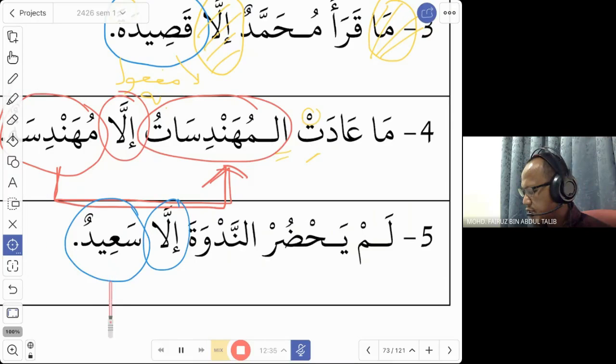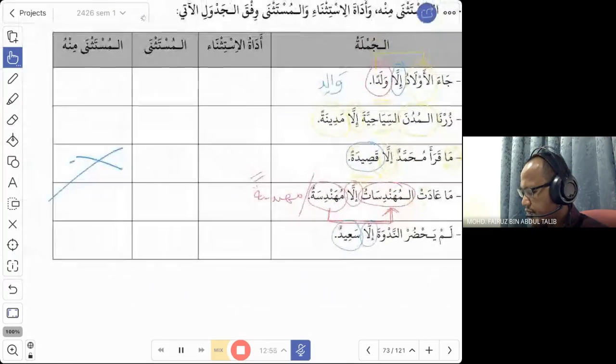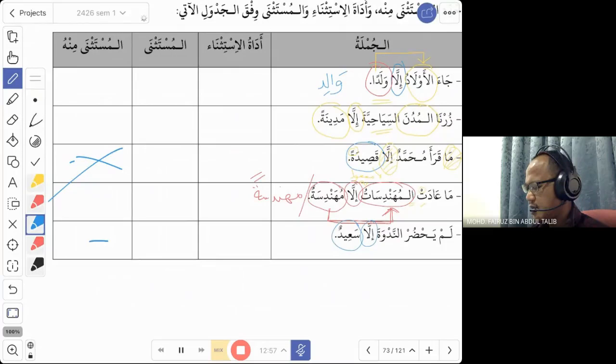Said, you want to exclude Said from... Yes, there is nobody here. You can exclude Said from Nadwa, because Nadwa is something else. Right? Symposium. Said is the person. You want to exclude this from the group of people which they do not mention here. So in this case, you don't have any mustasna minhu.